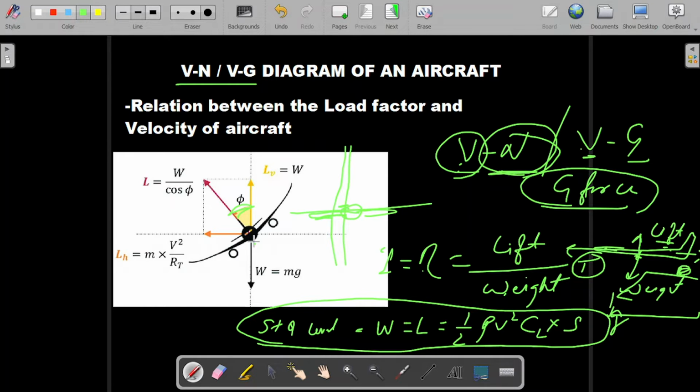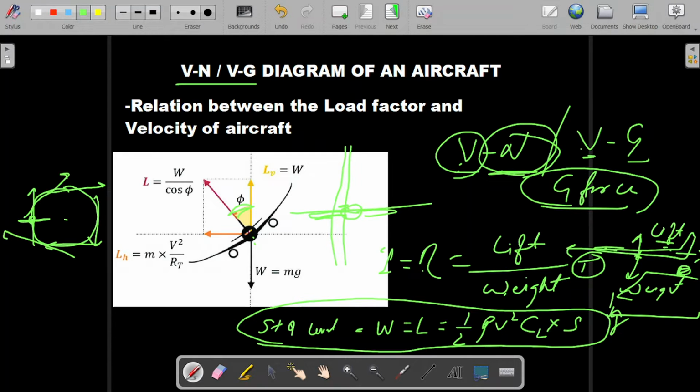Now we'll have a top view. We are looking from the top, and the aircraft is turning. At every point the aircraft is turning. This is a horizontal turn, not a vertical turn.